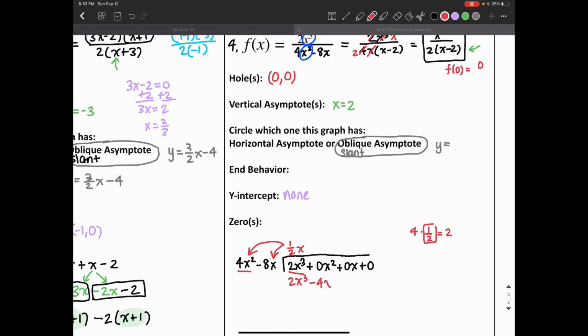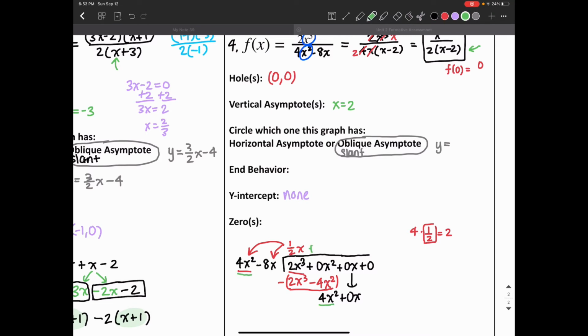I'm going to take this expression and subtract it from my original polynomial to see what I have left over. I'm left with 0x squared plus 4x squared, which is 4x squared. Then I bring down the 0x. Then I ask myself, what do I have to multiply 4x squared by to get 4x squared? Oh, that's 1, so I put plus 1.